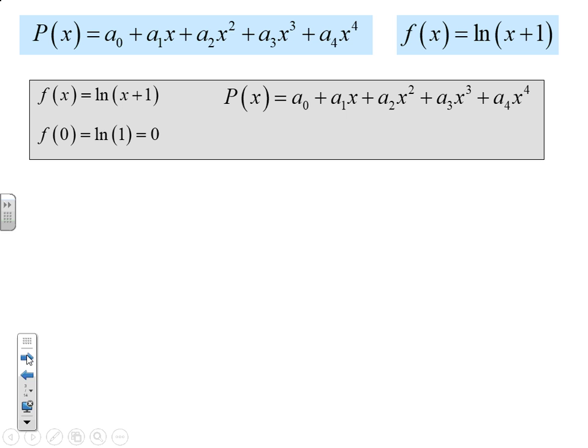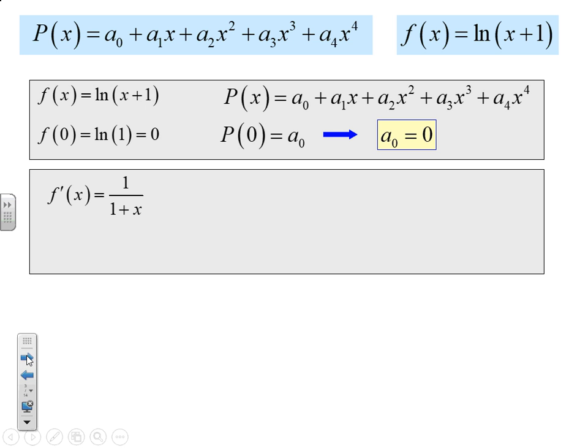If we plug in 0, we're only left with this, which means if we want these to be equal, then a sub 0 is 0. Cool. Next, what's the derivative of our function? 1 over x plus 1. Cool. Evaluated at 0.